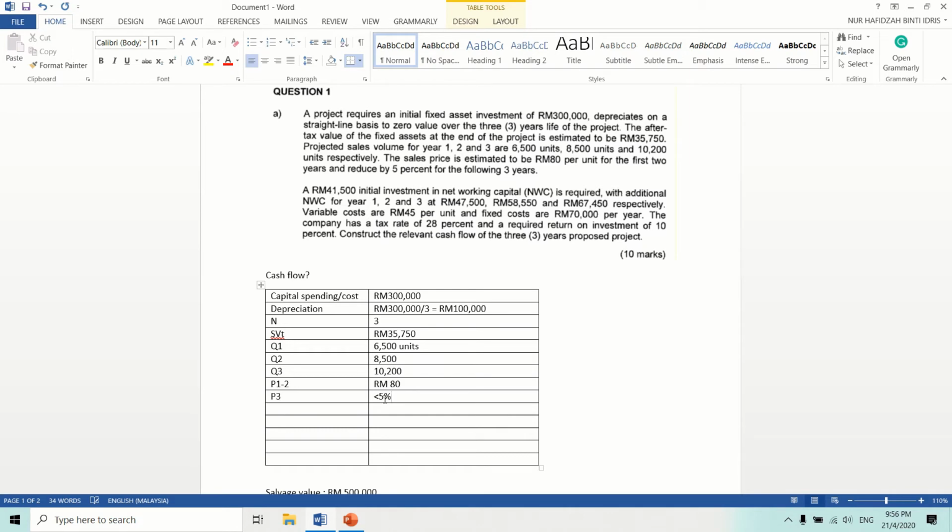So the new price will be RM 80 less 5%. You will get 76 ringgit. So the price for year 3 is 76 ringgit.